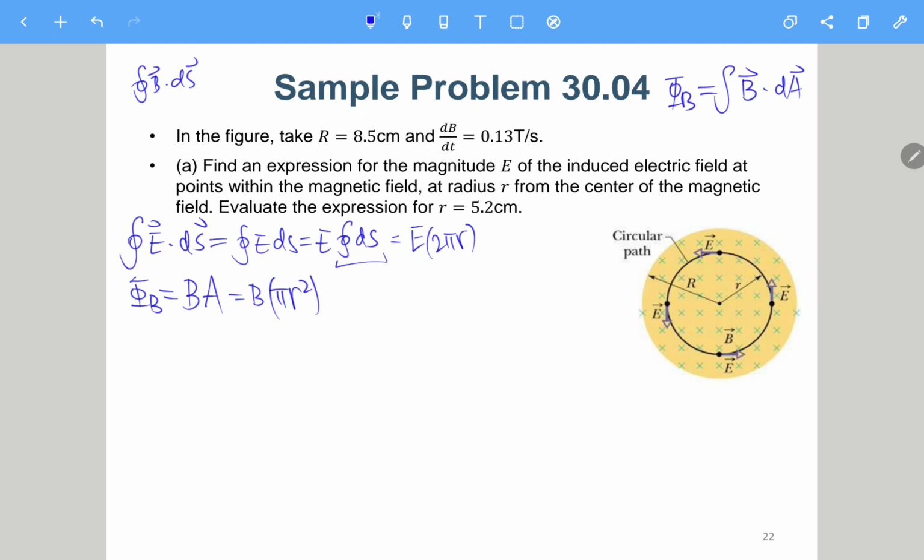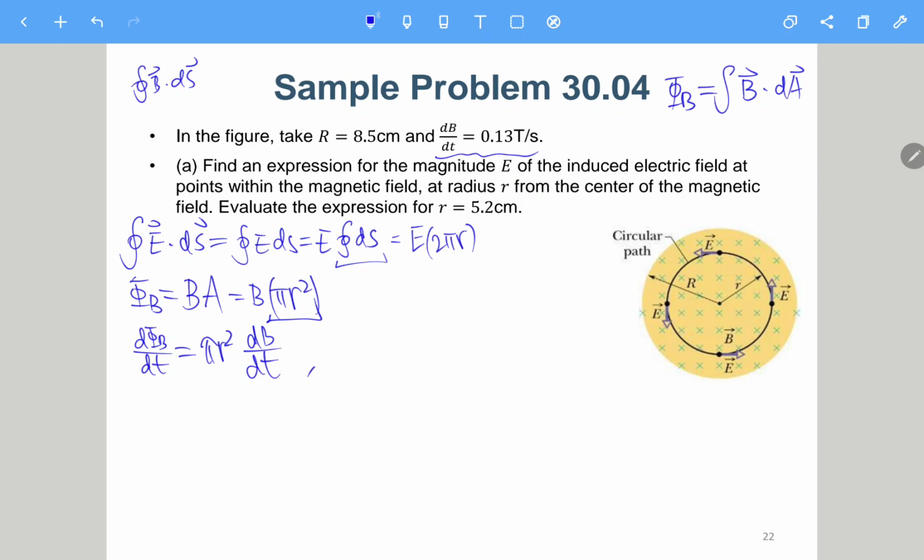Okay, and then we take the derivative of it. dΦB/dt will be, this is constant with respect to time, so we have πr² dB/dt. And actually we already know what dB/dt is.